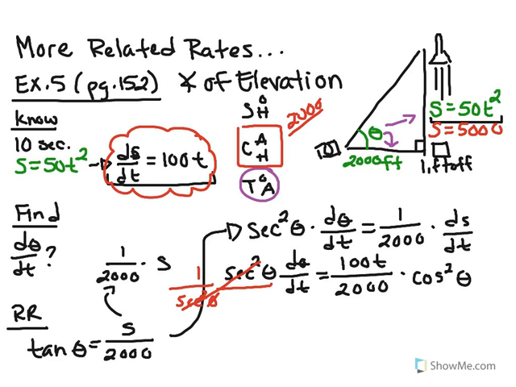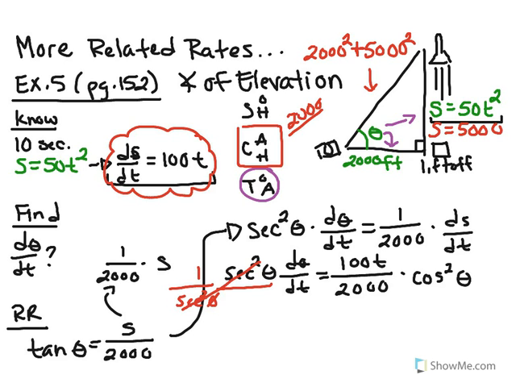So the way that I get this right here is I'm going to do 2,000 squared plus 5,000 squared. And that's going to give me this, and then I'm going to square root it.